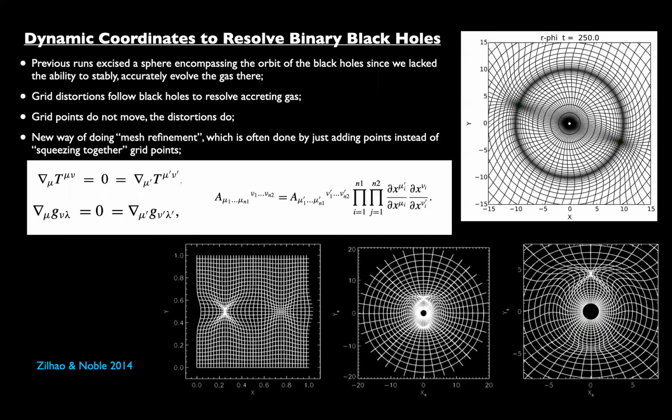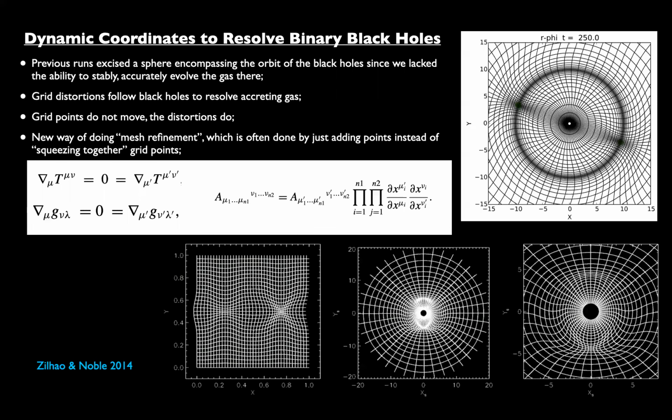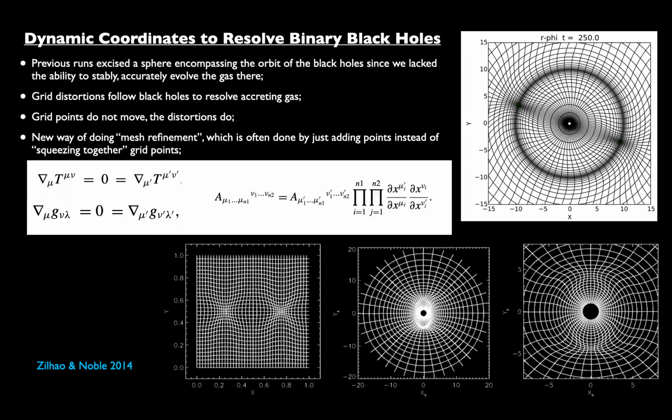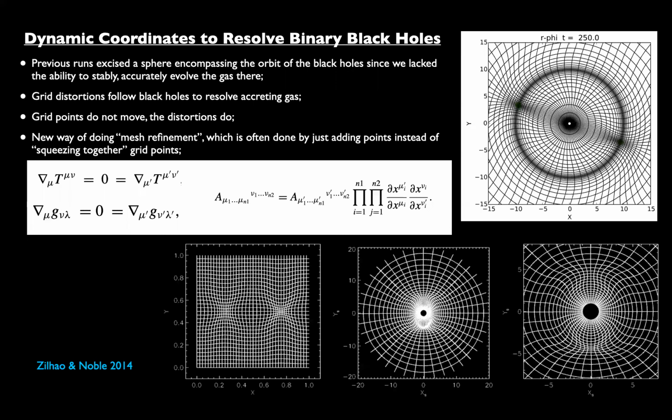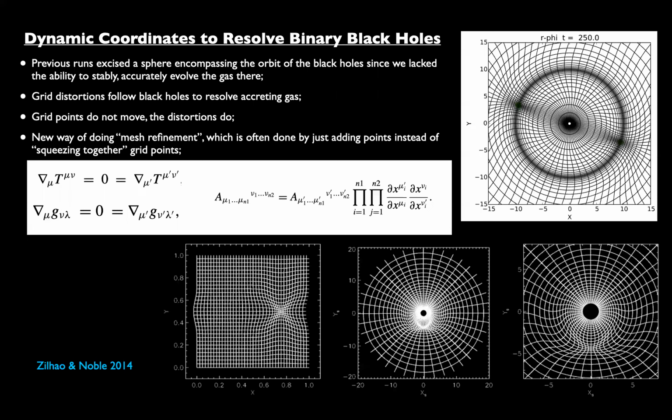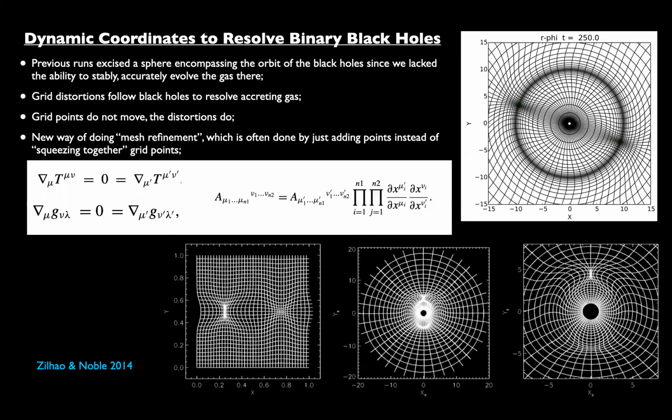So that allows you to do dynamic mesh refinement in a continuous manner and not in a locally block structured format. So you don't have to worry about discrete changes in resolution.